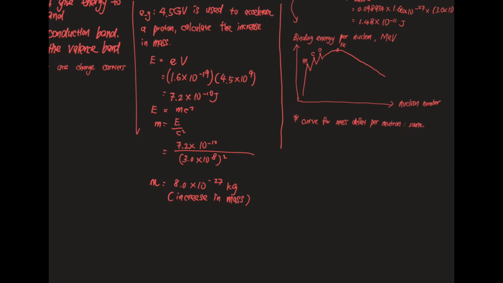When you look at this value, you don't feel anything. But if you look at the rest mass of a proton, which is 1.66 times 10 to the power negative 27, you can see it increases a lot.